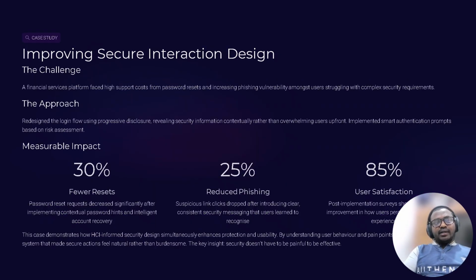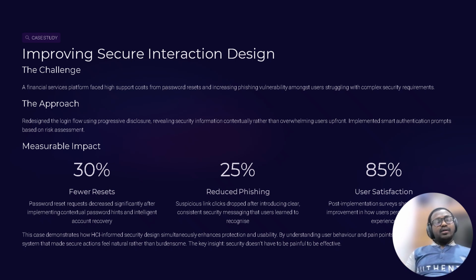Improving secure interaction design: the challenge, the approach, measurable impact. The challenge: a financial services platform faced high support costs from password resets and increasing phishing vulnerabilities among users struggling with complex security requirements.